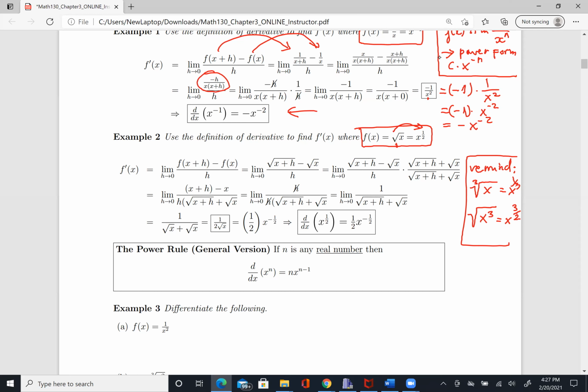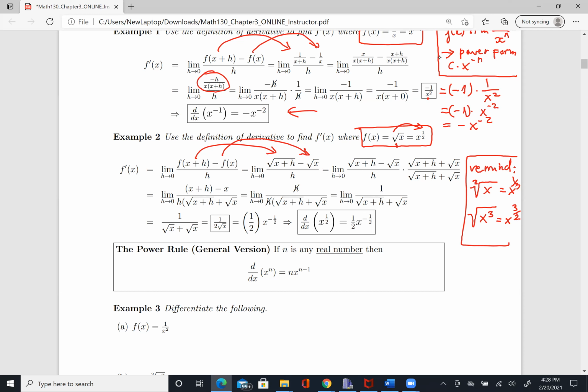Now I come back to taking the derivative of it. If you keep going using the limit, f(x+h) becomes the square root of x plus h, and f(x) becomes the square root of x.